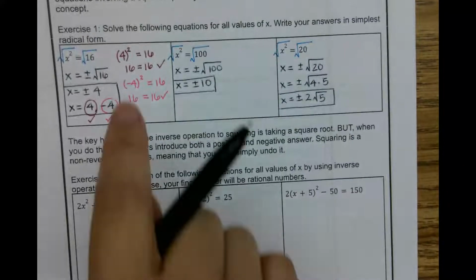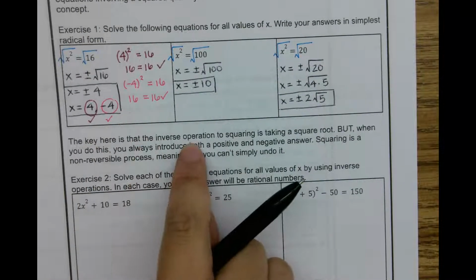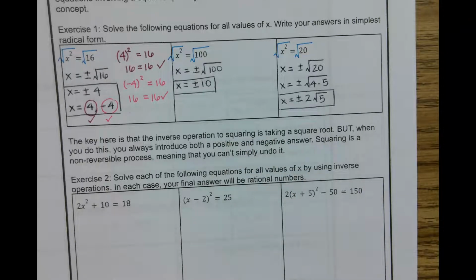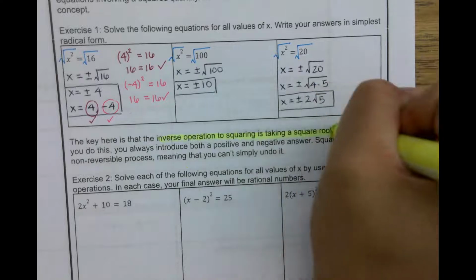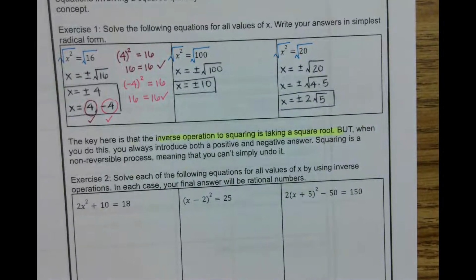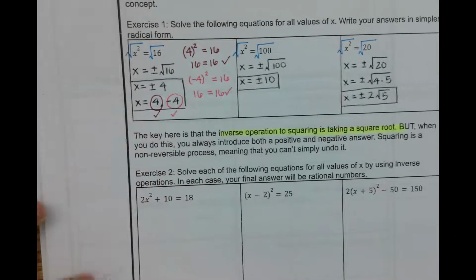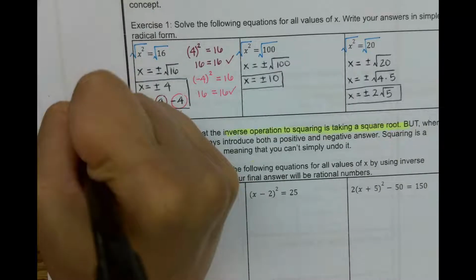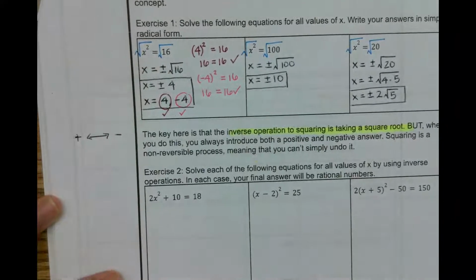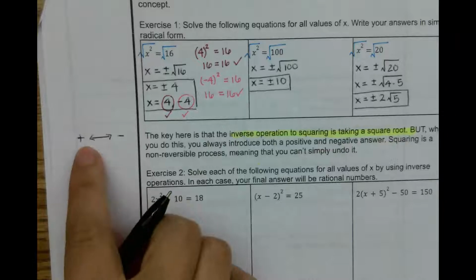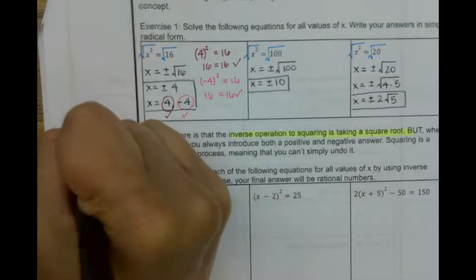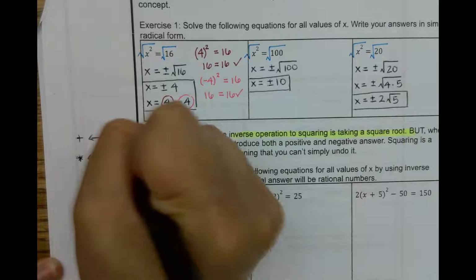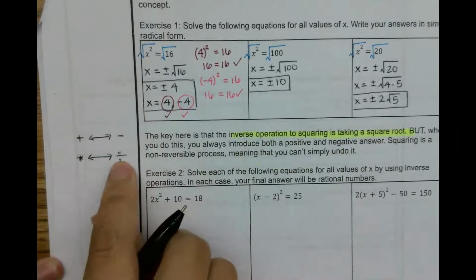The key here is that the inverse operation to squaring is taking a square root. These are opposites, just like with addition, the inverse is subtraction, and how we get rid of one is we do the opposite, the inverse. If it was multiplying, the inverse is to divide, and the opposite of dividing is to multiply.